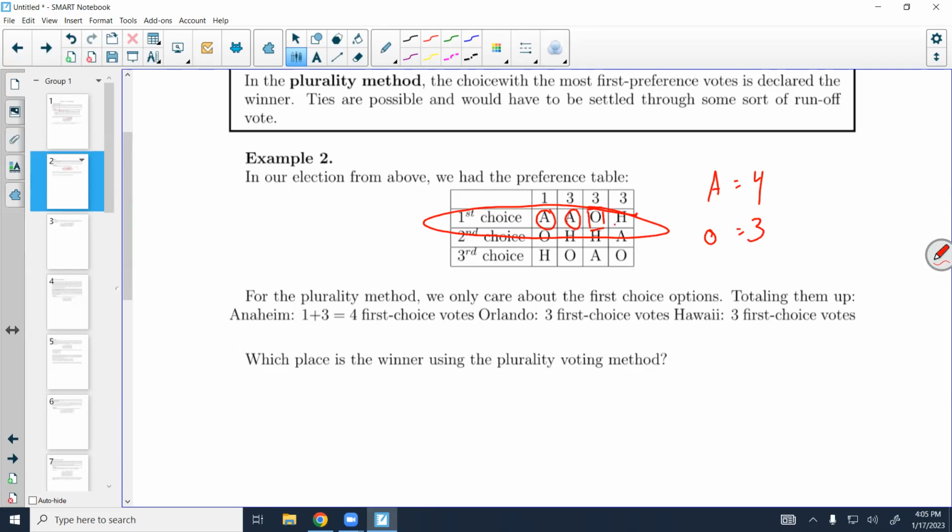And then we have Hawaii here, and Hawaii has a total of 3 first place votes. So for the plurality method, Anaheim would win. But of the 10 ballots, only 4 of them preferred it. So it's not a majority preferring it most, but it just works out to where more people prefer it than any of the others.